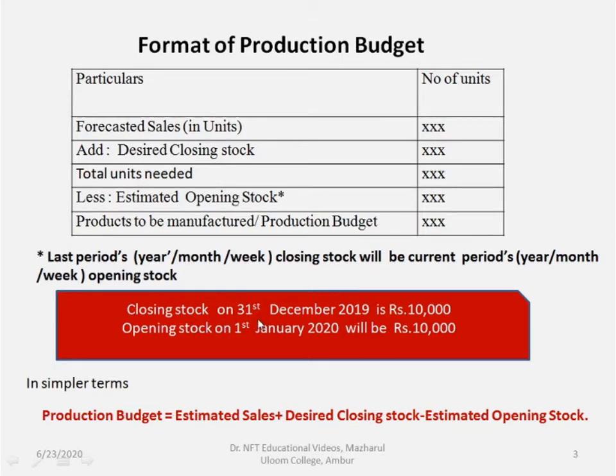If the closing stock on 31st December 2019 is 10,000, the opening stock of 1st January 2020, that is the next period starting, will be the same. That is, the closing stock will be the next period's opening stock.